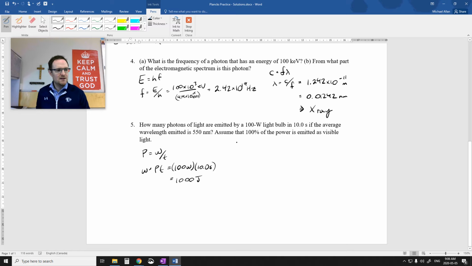Okay. Now, what I'm also going to do is determine how much energy this photon is. So hc over lambda. Because the energy down there is in joules, I'm going to have to use the 6.63 number this time.